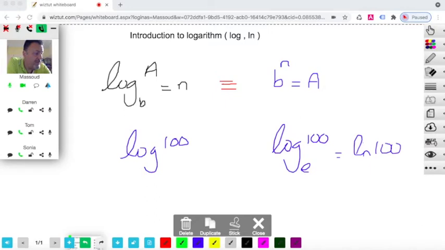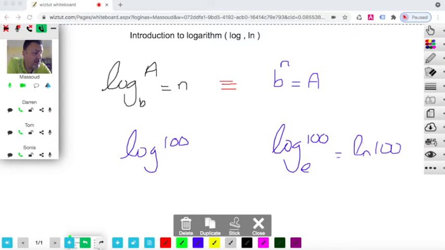So going back to the log here, we said that the log will have a subject. So this is a log of a using base b, and if the answer is n, this is mathematically totally equivalent to b to the power of n equals a.